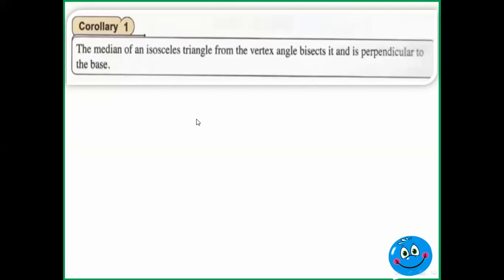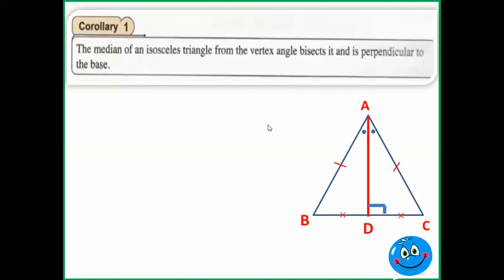It means that if we have any isosceles triangle and a median, we deduce that this median is perpendicular to the base side and bisects the vertex angle.